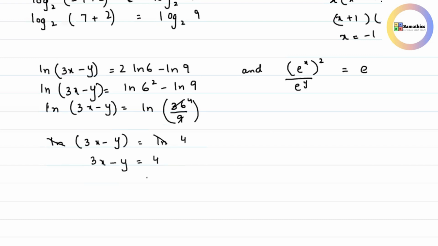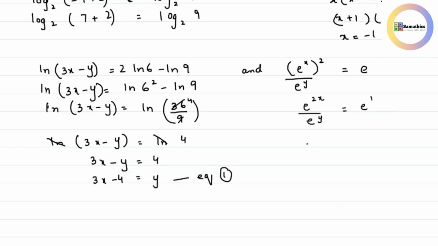Make y the subject of the equation: y is equal to 3x minus 4. So this is the first equation you have got. The second equation you will get from here. You will use the laws of indices here, while here you have used laws of logarithms. Here it will become e to the power 2x upon e to the power y, and if the power is not written, it means e to the power 1.